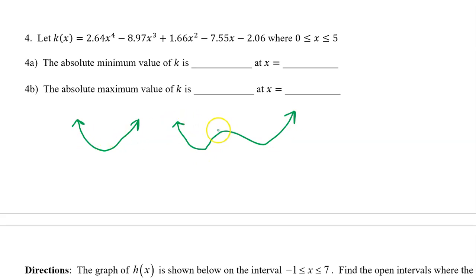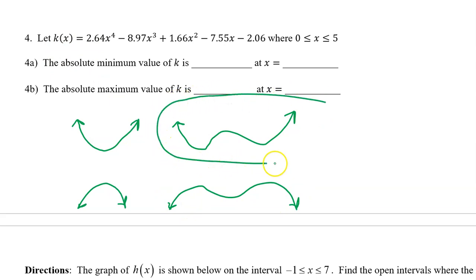And this is what it looks like when you have a positive leading coefficient. Both ends are going to be pointing up. Of course, if we had a negative leading coefficient, both ends would be facing down, more like this. All right, but we have a positive, so we're expecting a graph that looks something like this.